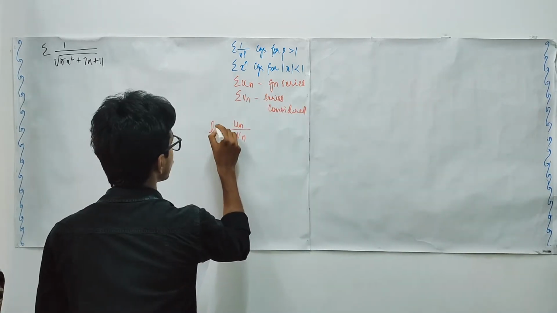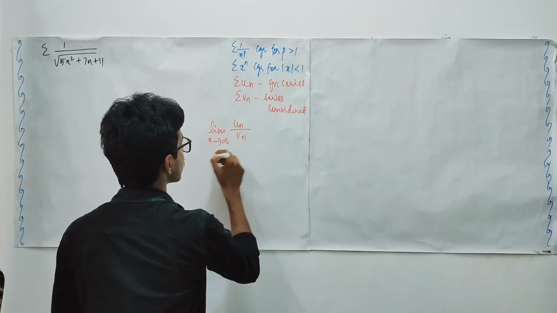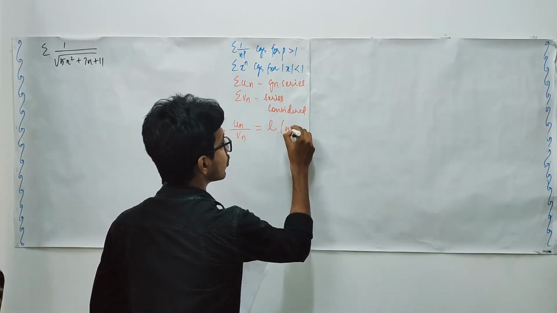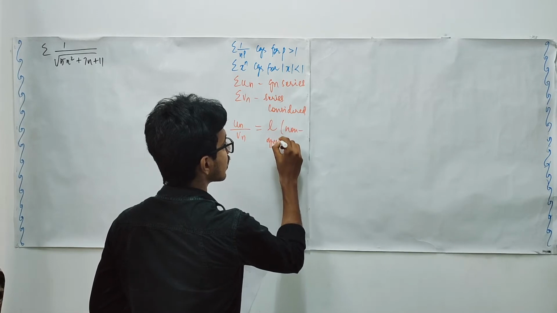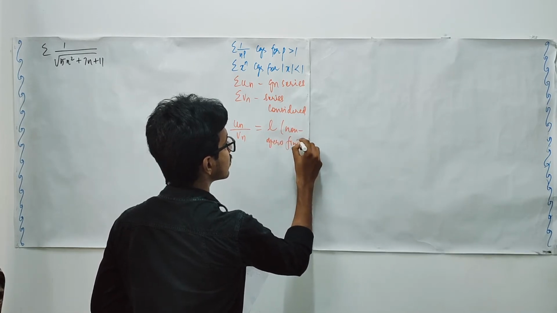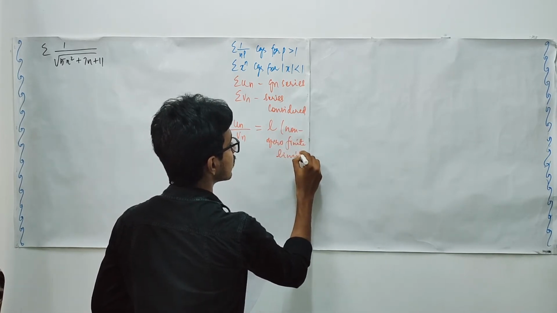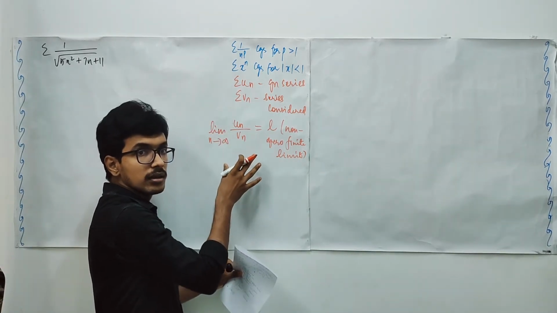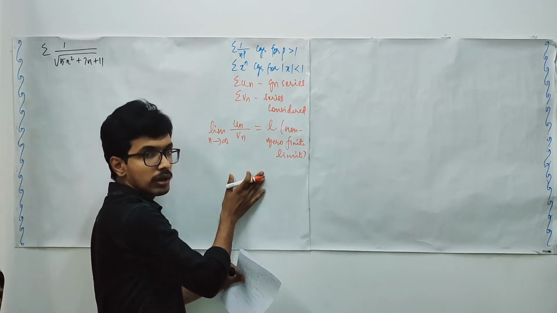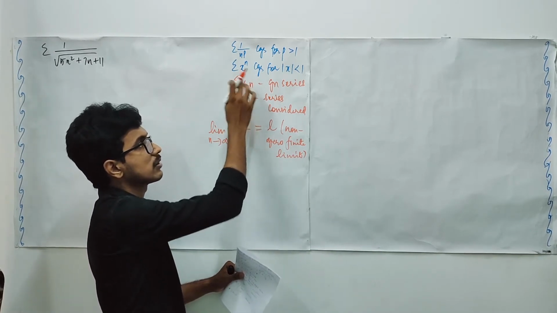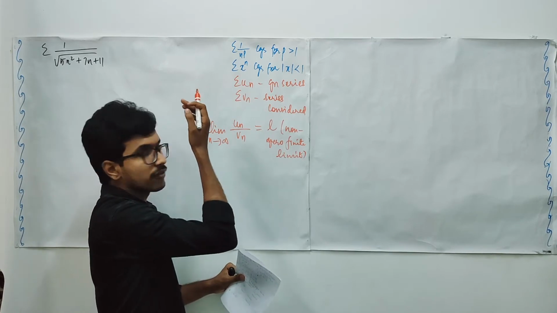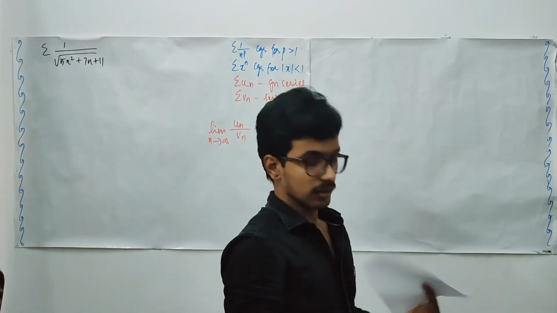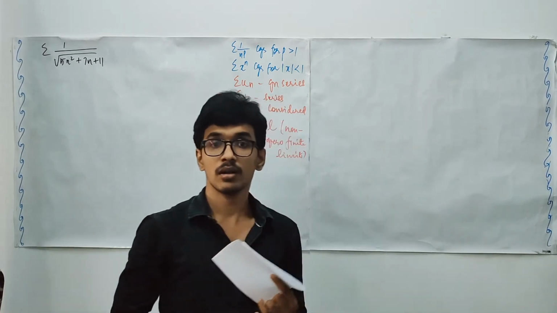And we will have to take the limit as n approaches infinity of this, and if we get a non-zero finite limit, this must be the case. If it is so, then if summation vn converges, summation un converges. If it diverges, it is also divergent.